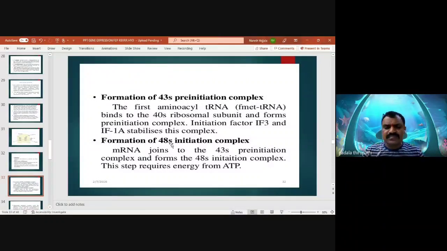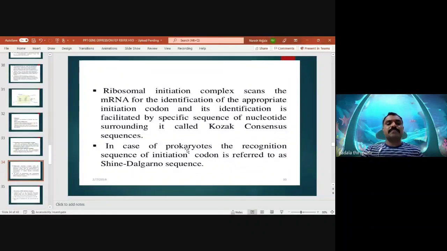The mRNA joins the 43S pre-initiation complex and forms the 48S initiation complex. This step requires energy from ATP, adenosine triphosphate.